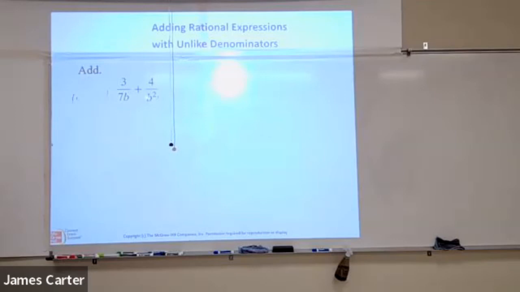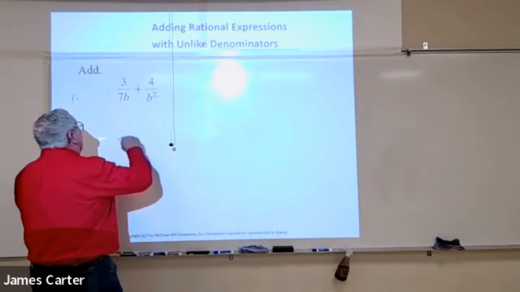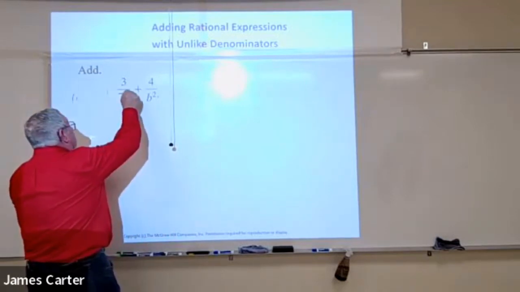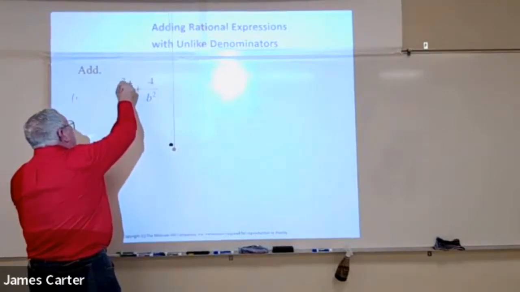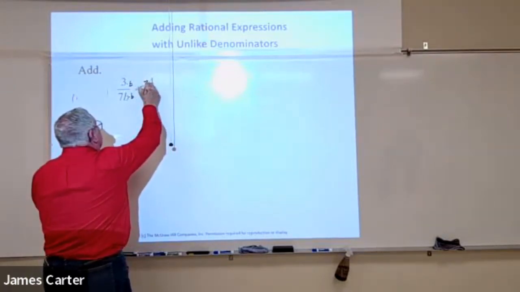We're missing a 7 out of this one, and we're missing a second B out of this one, aren't we? So what are we going to do? We're going to multiply this one times B over B. And this one we're going to multiply times 7 over 7.